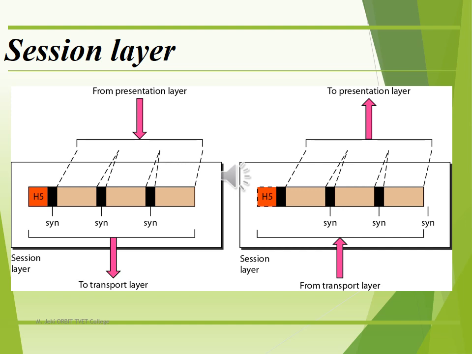So at the 5th layer, tasks include session creation. We are creating a session. Like when I say hello, we are already creating a conversation over the phone. In the OSI model, we call them handshakes.